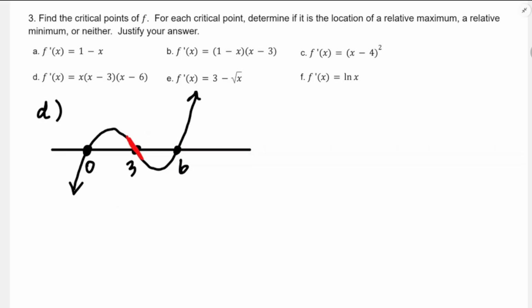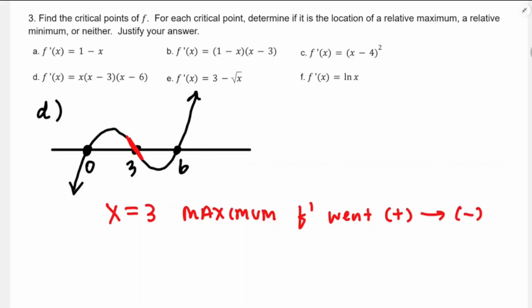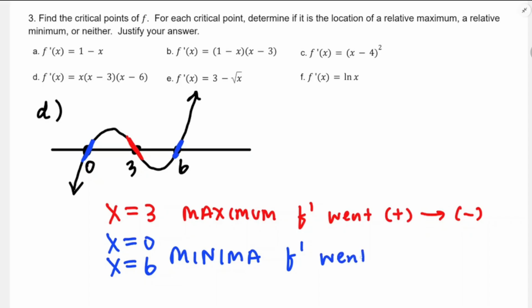That would be right there, that's x equals 3. And the other 2 are both going to be local minima because f prime is going from negative to positive. All right, so x equals 0 and x equals 6 are both the location of relative minima. And my reason is f prime went from negative to positive.